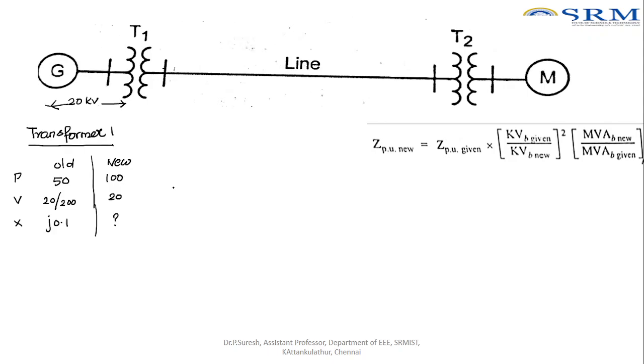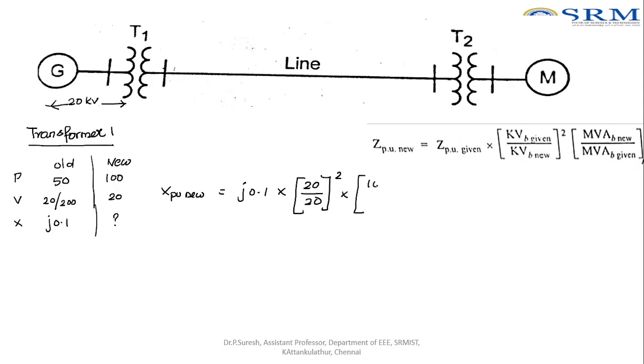Now X per unit new is equal to, use this formula, X per unit old. So what is the old value of X? It is J 0.1. 0.1 multiplied by what is the old value of voltage? It is 20. What is the new value of voltage? It is also 20, whole square, multiplied by what is the new power?